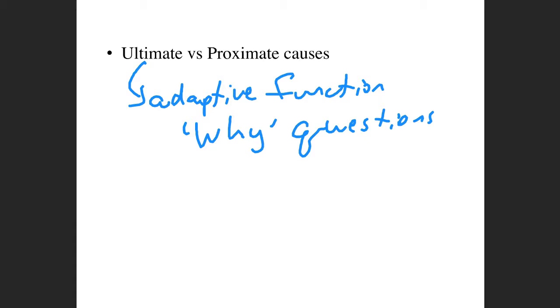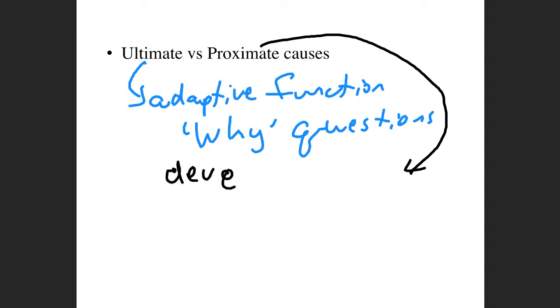The truth is, you can actually ask these ultimate and proximate questions about much more than behavior. It's a useful framework. But proximate causes are going to be things like how does a behavior develop? That would include things like genetic effects.